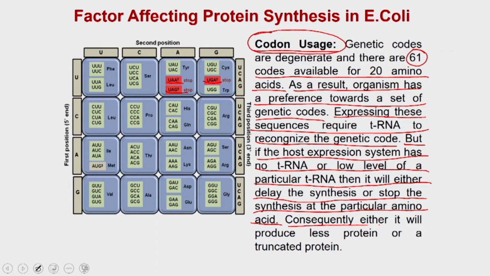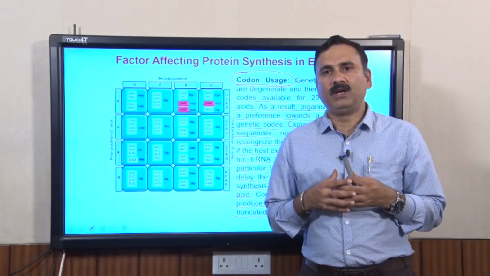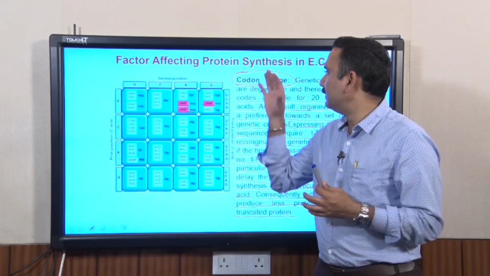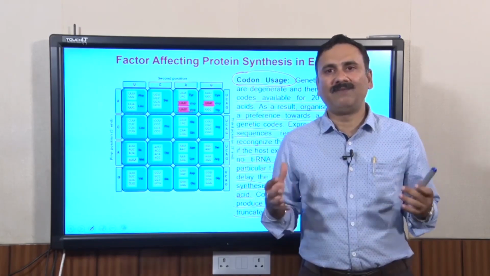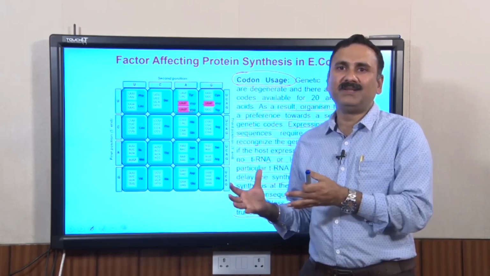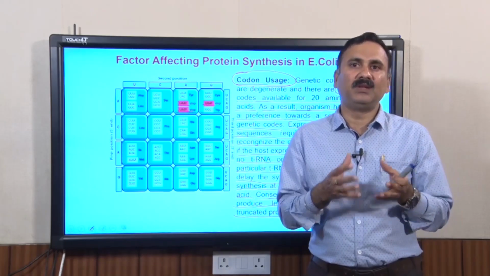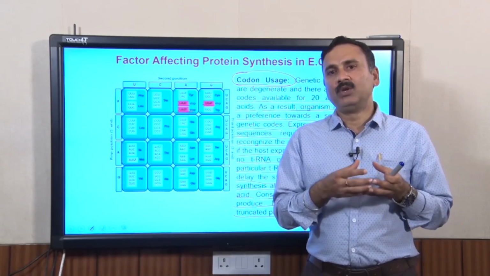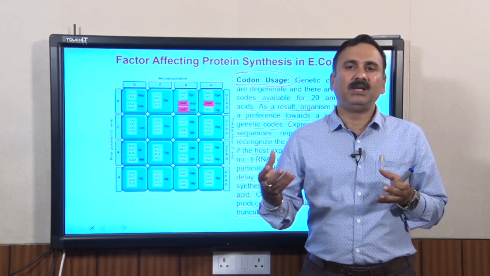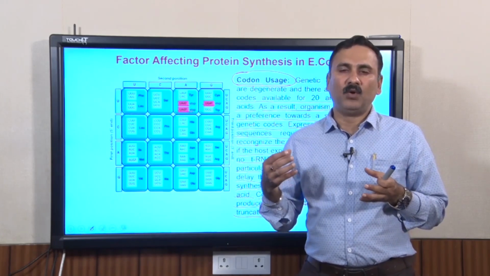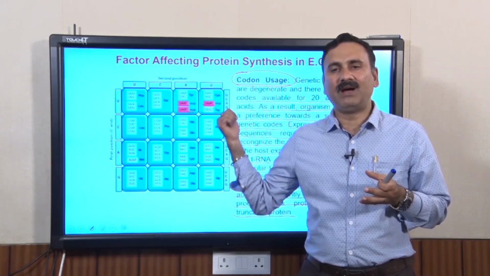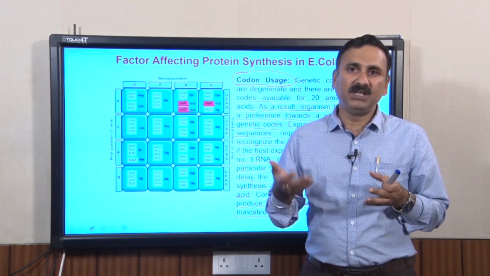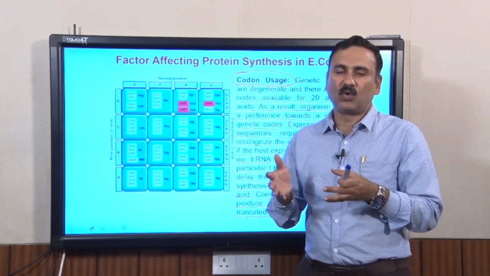So, if that happens, it is actually going to produce less protein or truncated protein. If you encounter the codon usage problem, you have to either overexpress these additional tRNAs from a separate plasmid, or you have to generate the chimeric host which is going to have these additional tRNA genes cloned into its chromosome.